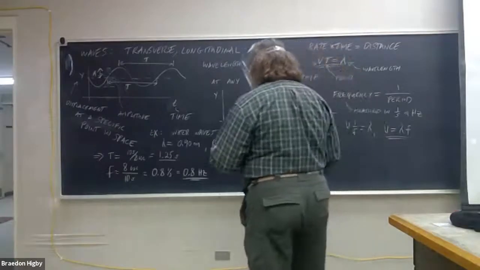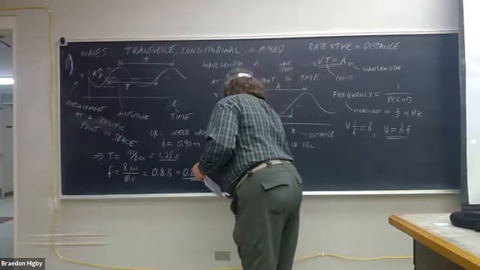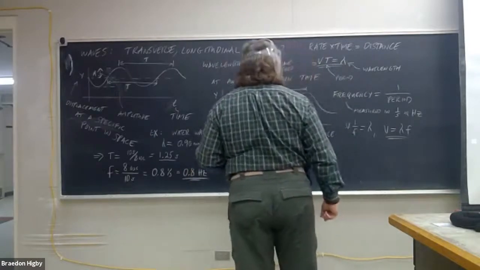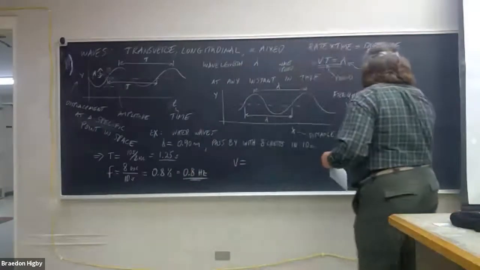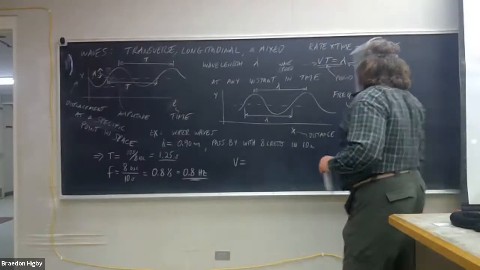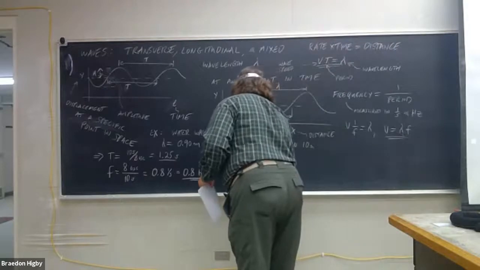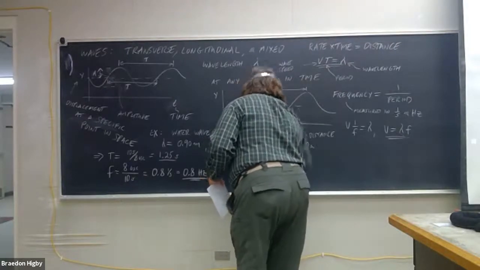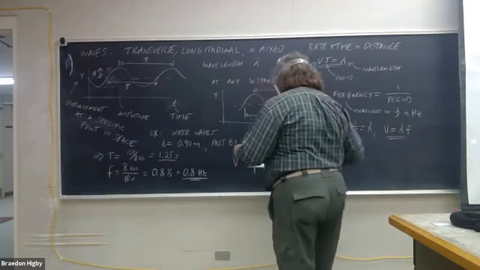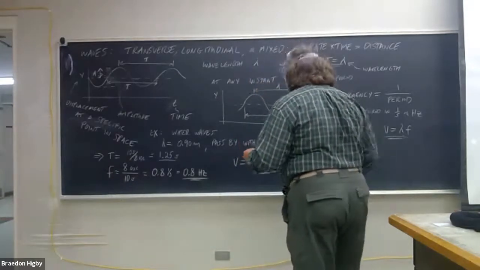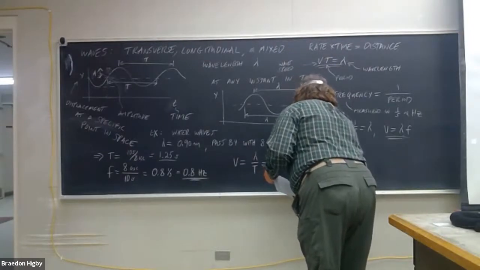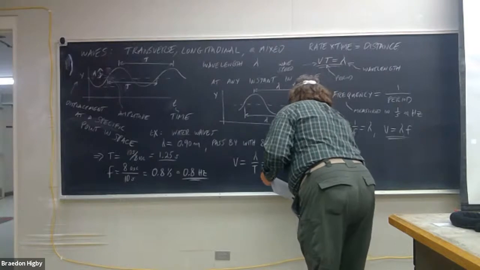And so the wave speed is going to be, well, we could take it as the wavelength times the frequency, or as the wavelength divided by the period. Either works. In either case, if you multiply through this, you should get 0.72 meters per second.